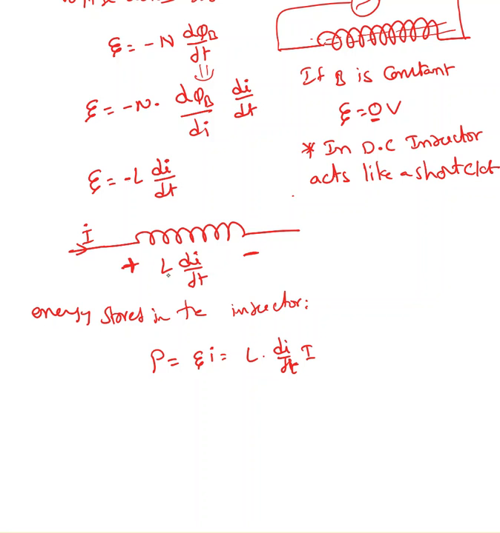If it is direct current, there is no voltage drop across this, but still it holds some energy, so we'll find that energy. Power is nothing but du by dt, which equals L times I times di by dt.